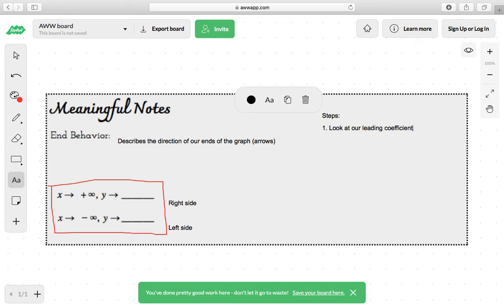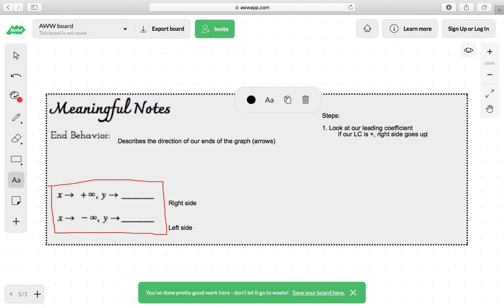Okay, so our leading coefficient again is the number in front of the term with the highest exponent. And so when we look at our leading coefficient, we need to see if it is positive or if it is negative. So if our leading coefficient, LC, is positive, then the right side goes up.